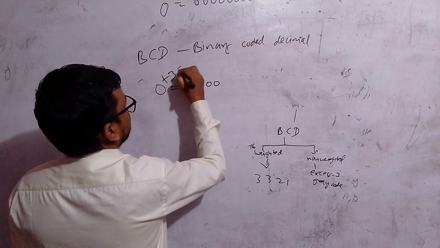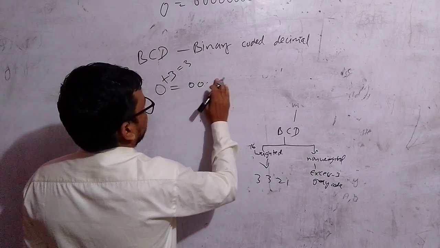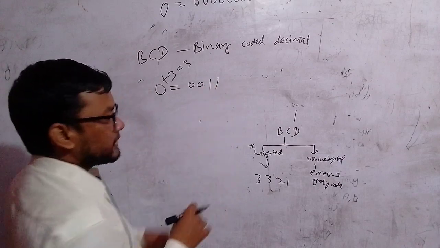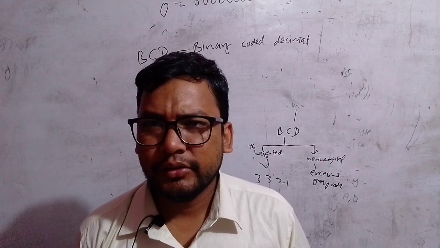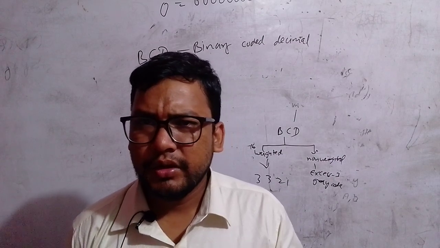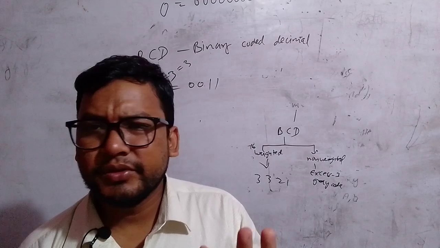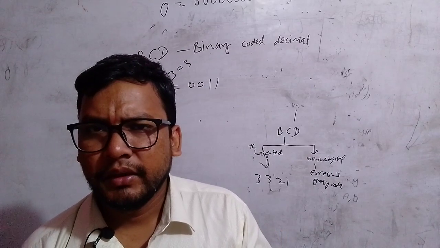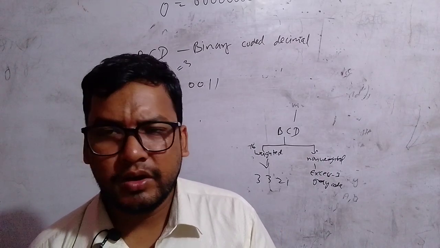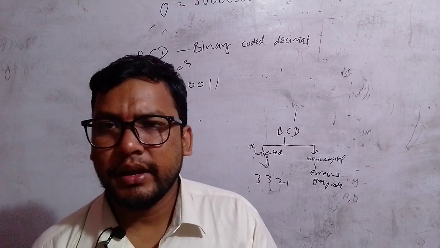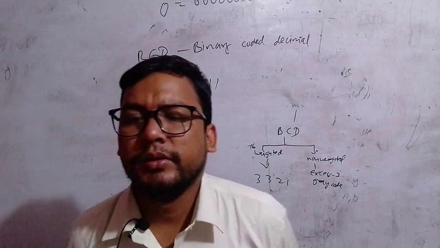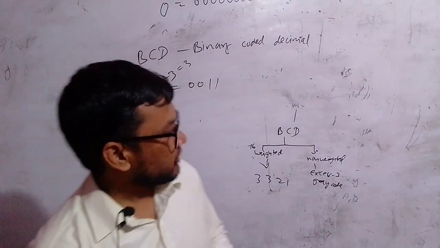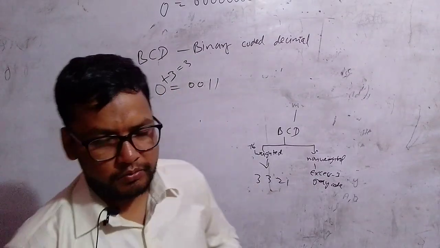Plus 3 means it becomes 3. XS3 means plus 3 to the original number. If we want to store 7, that means we need to store 10, because 7, 8, 9, 10, and its equivalent binary code becomes 1010. In this way, we use binary code.